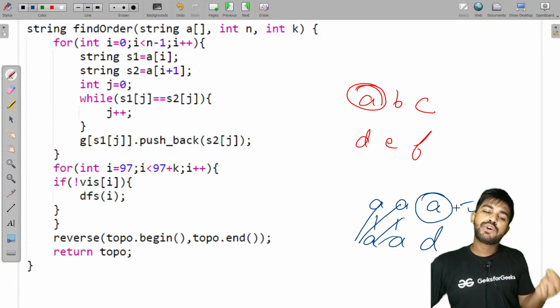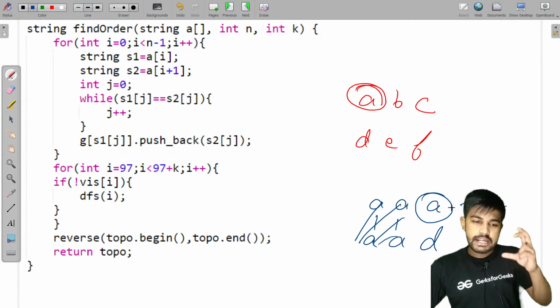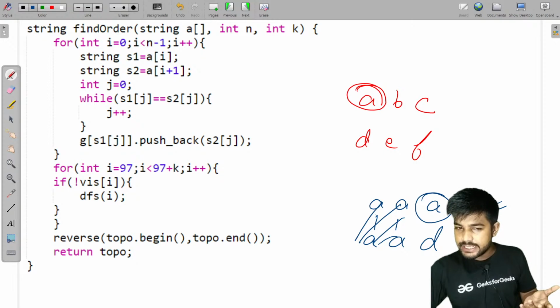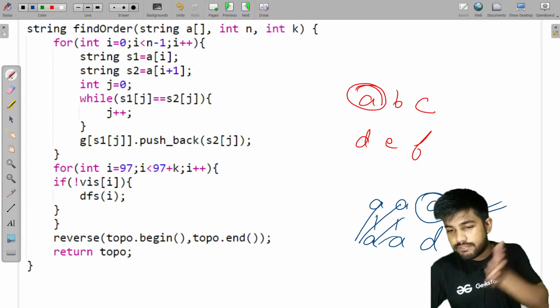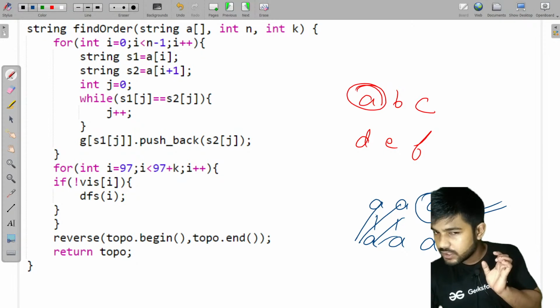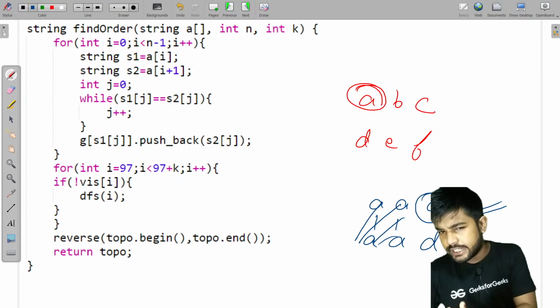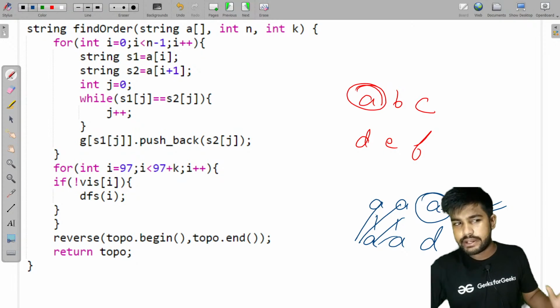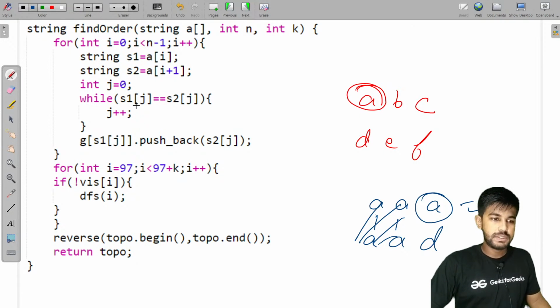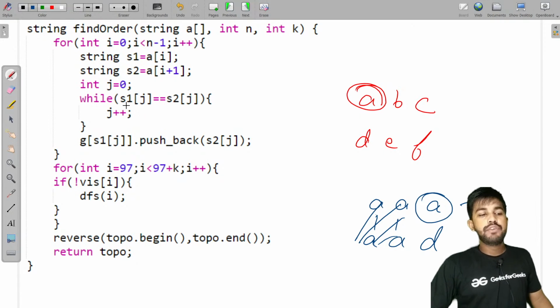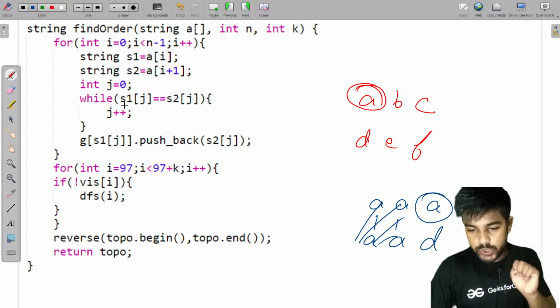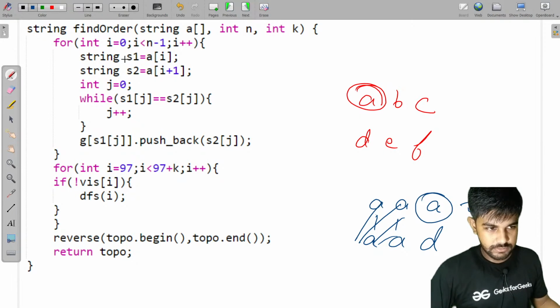So we would do the same thing. While the characters are same, we won't be considering them, and we would be considering the first character which is different. Just think about the normal dictionary, compare it and write it. So now what we are doing is we are comparing two consecutive strings. This is string 1, the present string.